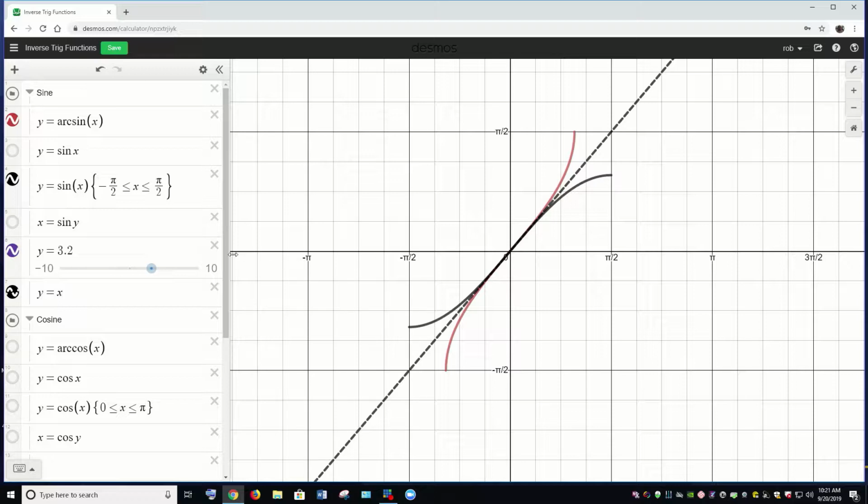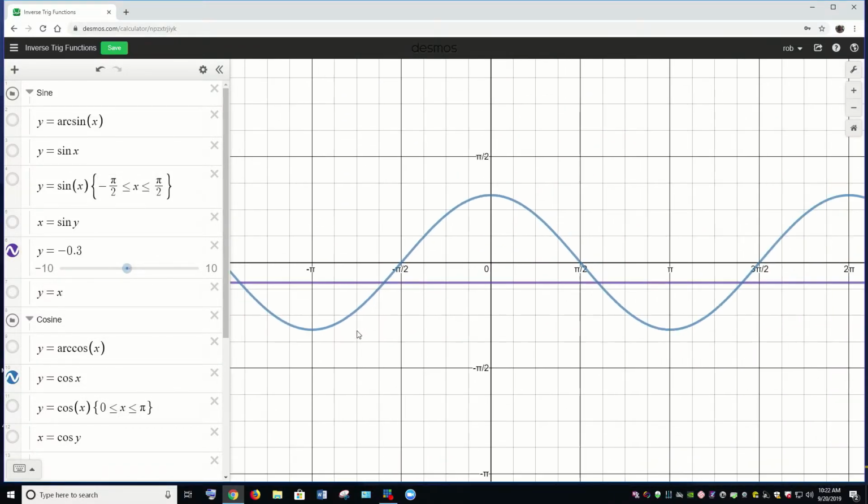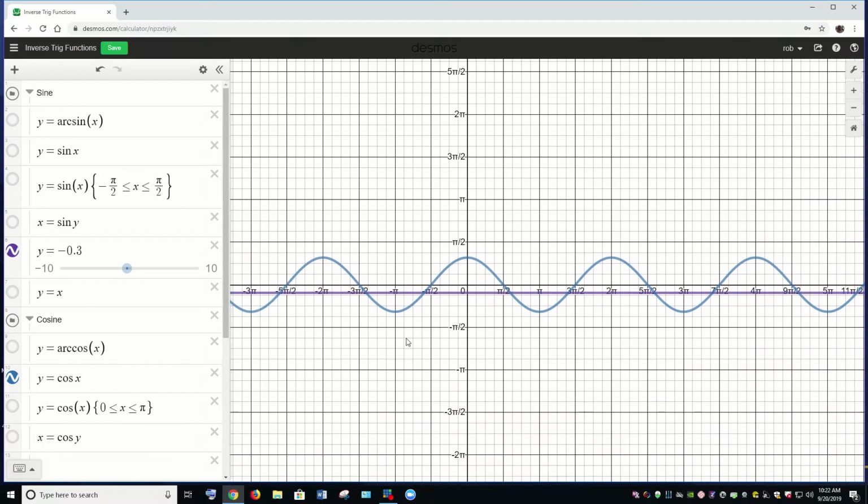Okay, cosine would be similar in that cosine is not invertible either. It fails a horizontal line test as well. I'm going to be able to draw a line that crosses that many, many times. So that's no good.